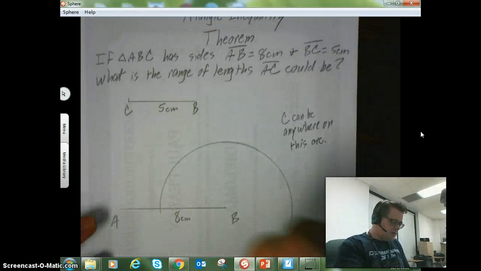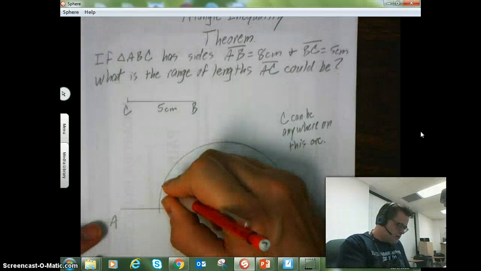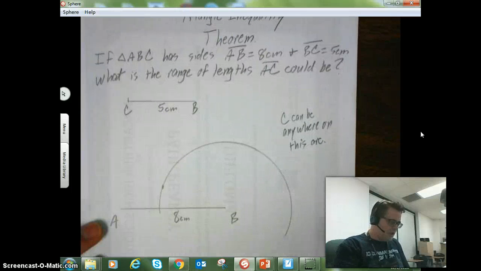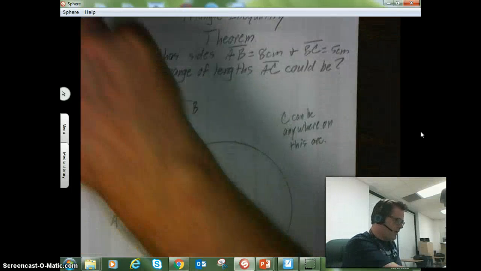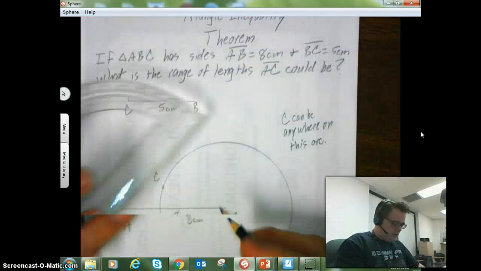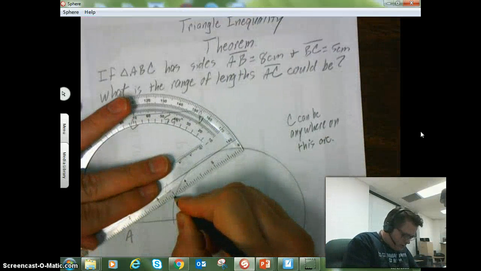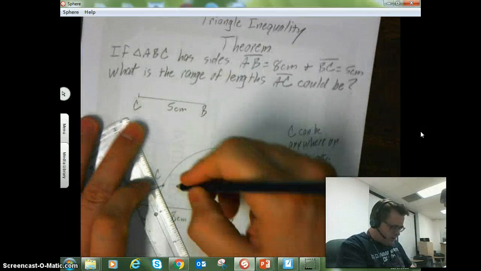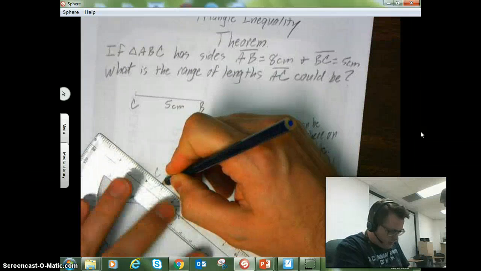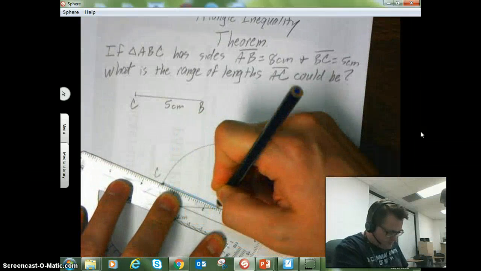So let's just say we have a point right here. Let's suppose that C is right there. We could form a triangle like this.